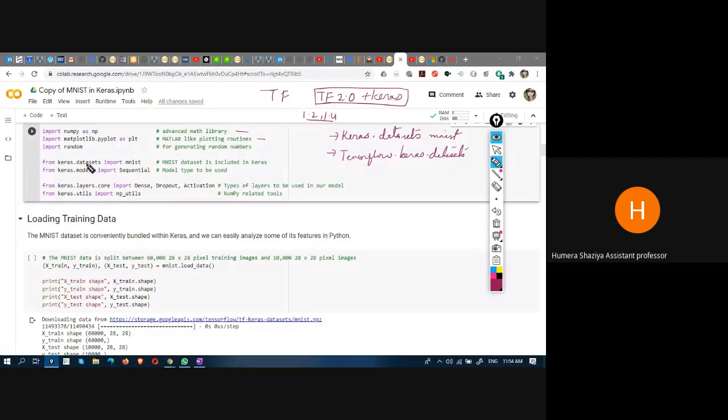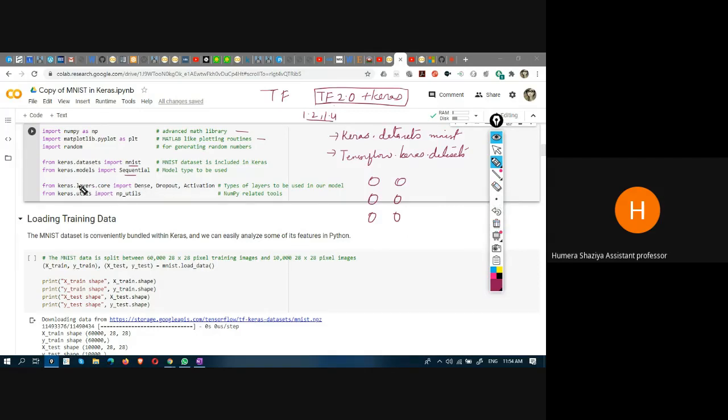Here you are importing the MNIST dataset, which is built into Keras datasets, and the sequential model. A sequential model is where the nodes are connected to the nodes in the subsequent layer, and like that you have a sequential model. You create the first layer, you create the second layer.